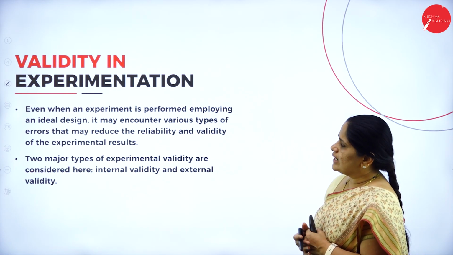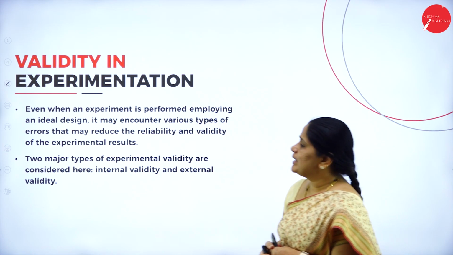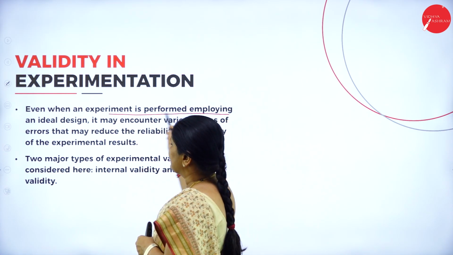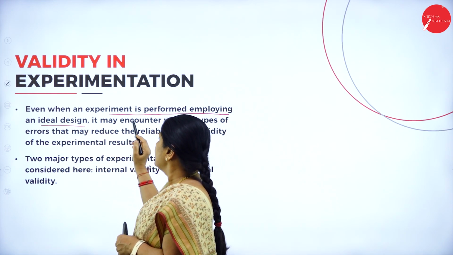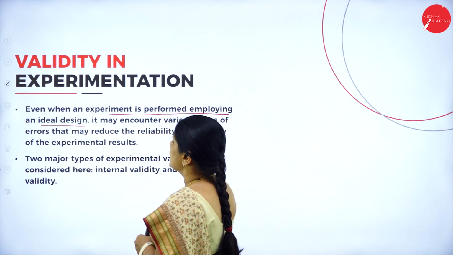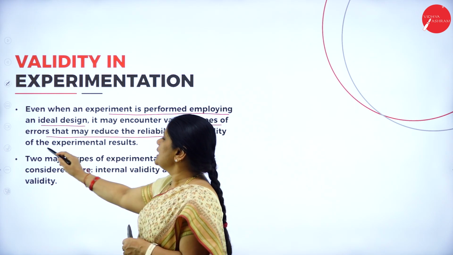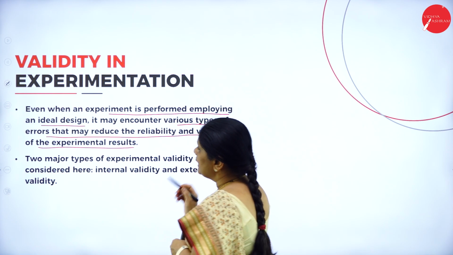Then next, validity in experimentation. Even when an experiment is performed employing an ideal design, it may encounter various types of errors that may reduce the reliability and validity of the experimental designs.